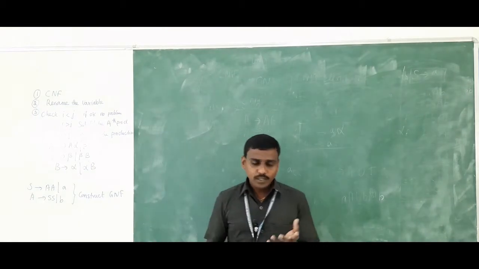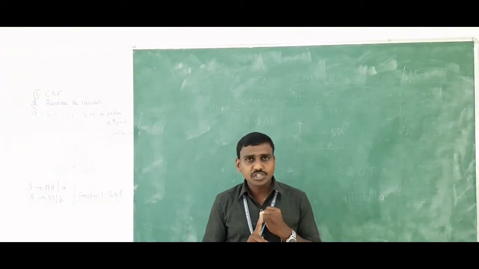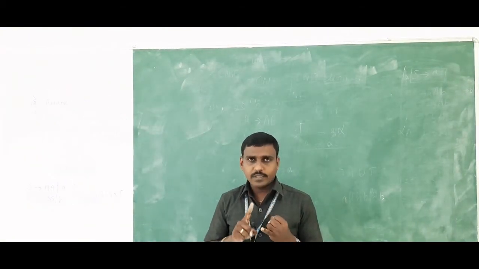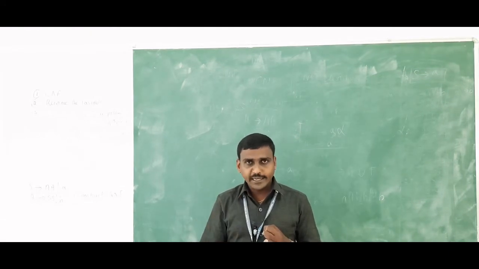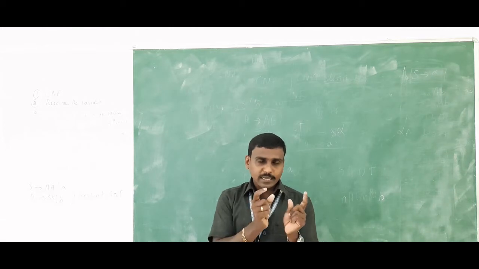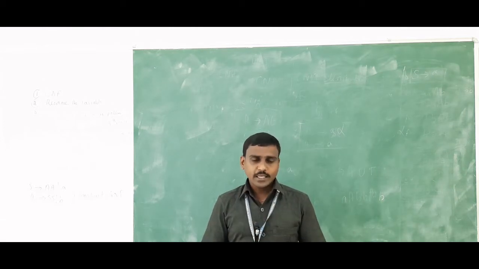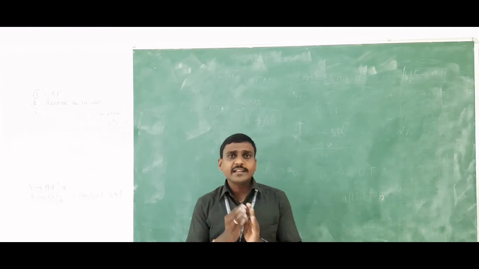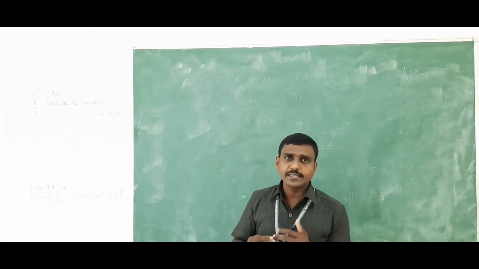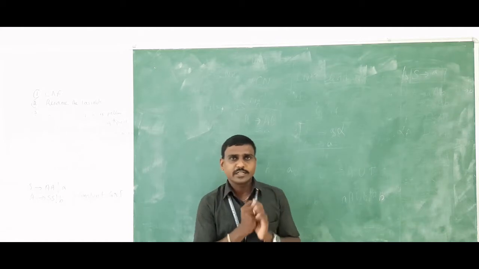Once again I will tell you, first you check whether the given grammar is Chomsky normal form. Then you rename the grammar, that is the Chomsky normal form grammar. Then you compare the ith production and the jth production. If i is less than j, no need to do any modification. If i is greater than j, you go for modification, that is you apply the jth production there.